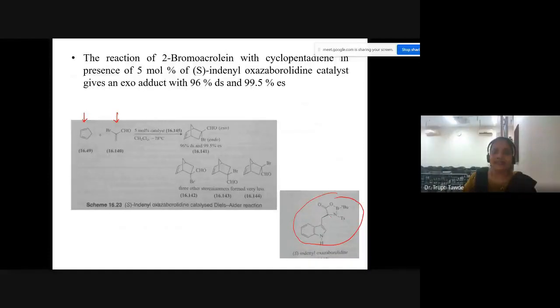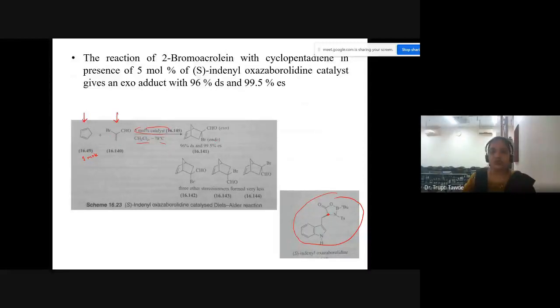This particular catalyst has a chiral center. So whatever influence there is, you can see in this reaction we have used 5 mole% of the catalyst. That means if you have used 1 mole of starting material, we have used 5% of that as catalyst. This is a solvent, and generally these reactions are carried out at low temperature.